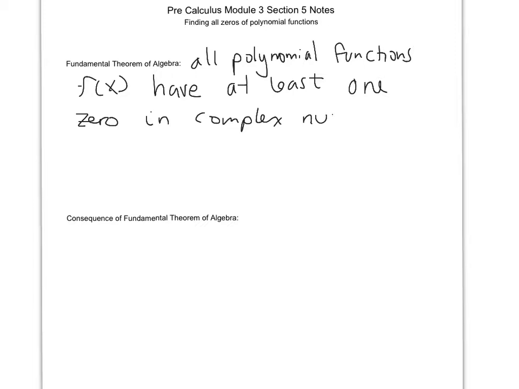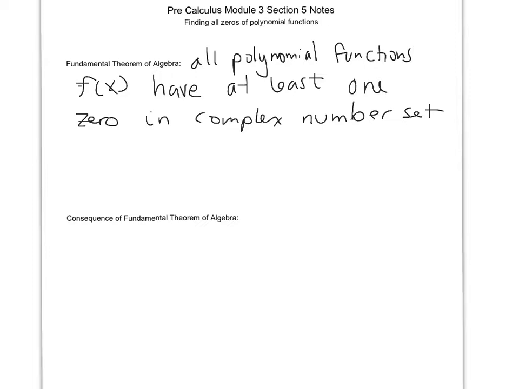So if we take any polynomial that exists, so any combination of variables and numbers and positive powers, any of those, I will always get a zero, at least one zero for this polynomial.